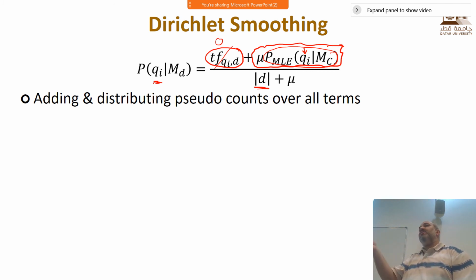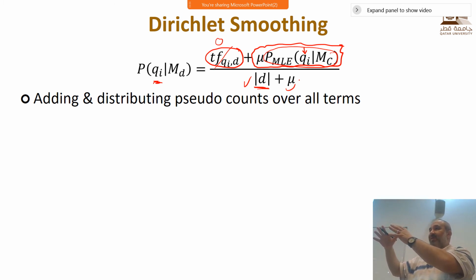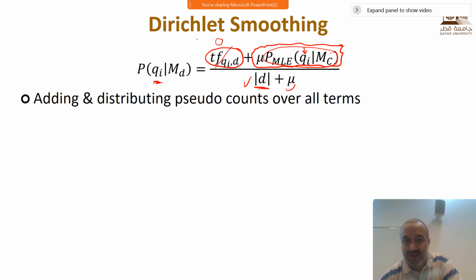So that will not be 0 unless the term didn't appear in the entire collection. Okay? But it shouldn't be 0. And how about the denominator? That's the length of the document, and that's mu, that's a constant. So it will get non-zero score, but only from the part of the background probability. But this is considered like the foreground. Okay? But they are not seen as in Jelinek-Mercer, it's a mixture. Actually, we'll see it, but it's not exactly like Jelinek-Mercer.